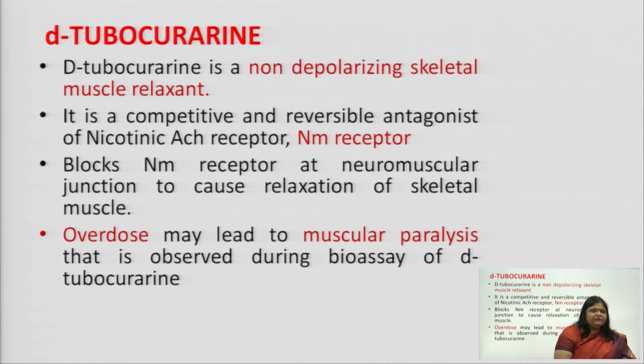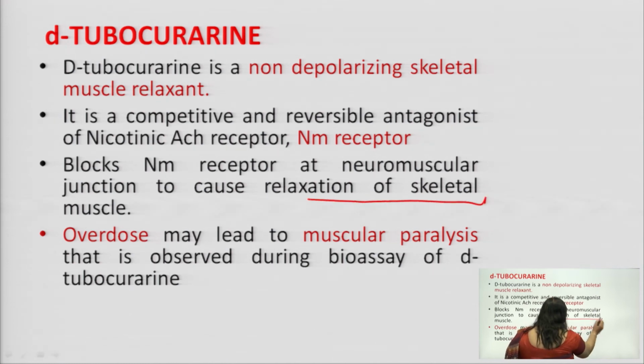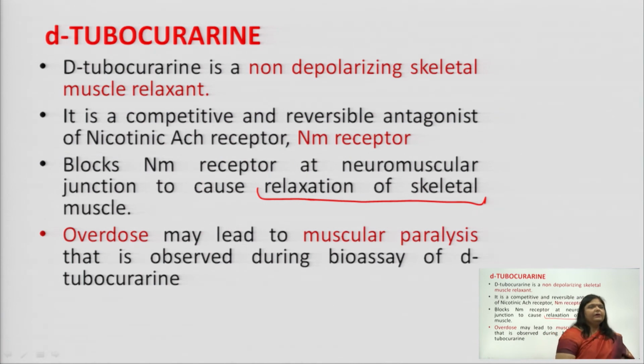But if we use this in overdose, it can lead to muscular paralysis, and this effect is observed when we are performing bioassay of D-tubocurarine. So this effect, that it causes relaxation of the skeletal muscle, is the principle which we use when we perform bioassay of D-tubocurarine.